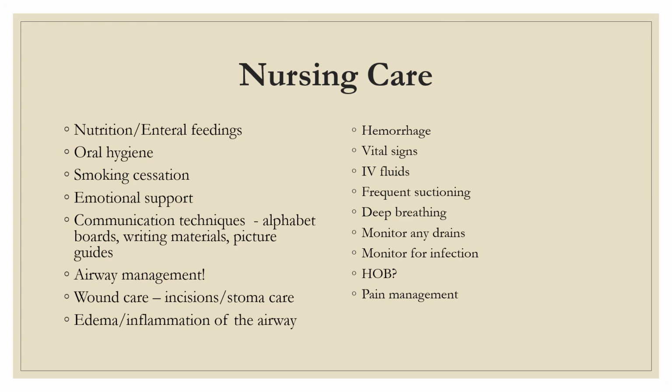It might not be forever, but it's something that we need to do to make you stronger. Oral hygiene is a big one, especially if they are not eating. They're going to have dry mucous membranes, so swabbing their mouth, brushing their teeth, suctioning their mouth is a big one. Smoking cessation, if we can try to get them to quit smoking, that would be huge.